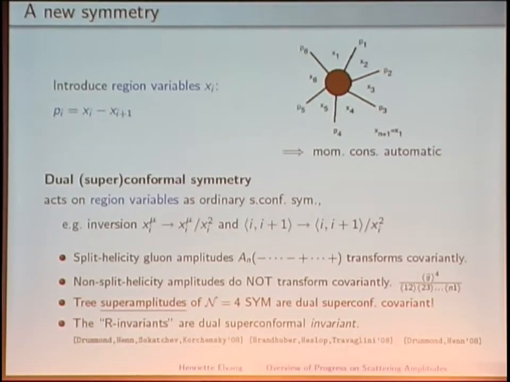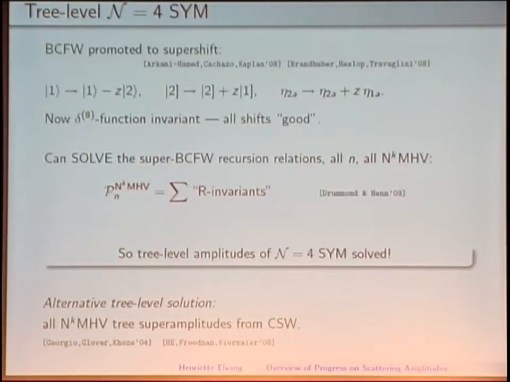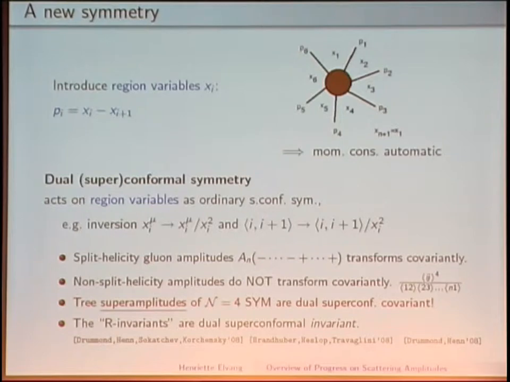However, when you promote the dual conformal symmetry to a superconformal symmetry, dual superconformal symmetry, and you group the amplitudes into the superamplitudes we just saw, then all the tree-level superamplitudes in N=4 super Yang-Mills are dual superconformal covariant. In particular, these R invariants that I denoted before are invariant because the tree-level NMHV factor that sits out in front carries the whole covariance.